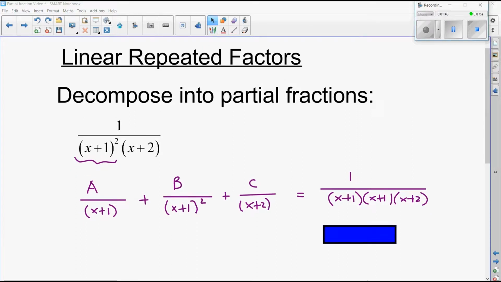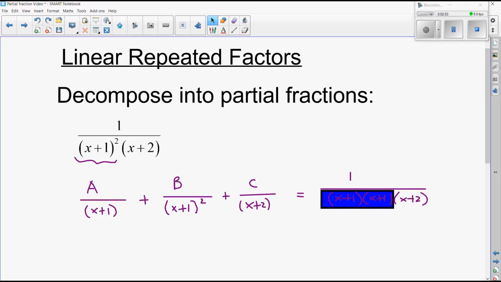The cover-up method will help me to find the value of B, because when I have a repeated factor, I can only find the numerator of the fraction that has the repeated factor in the denominator. So I'm going to use it to find b. I'm going to cover up x plus 1 times x plus 1, and you could use your finger to do so.